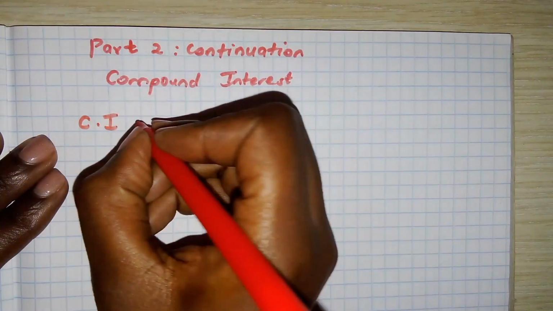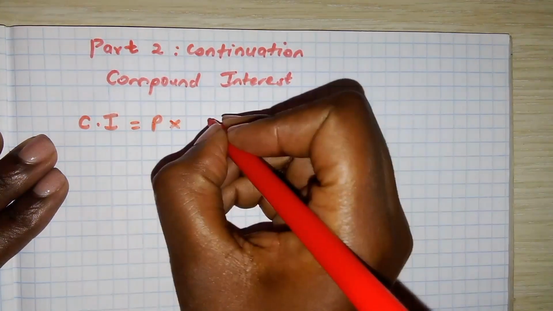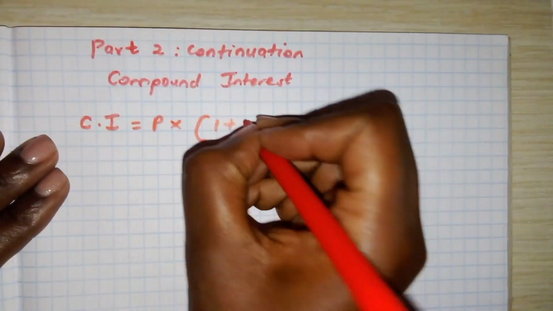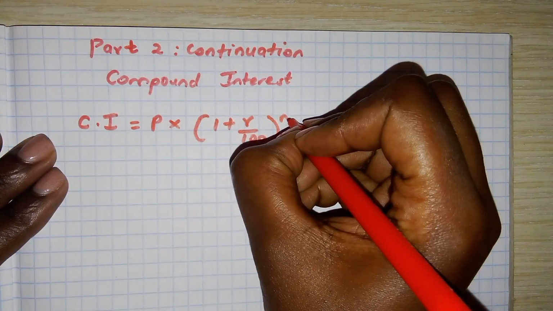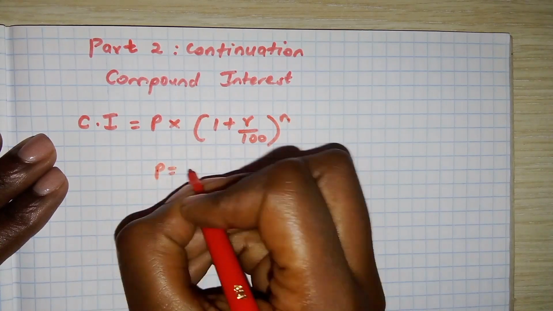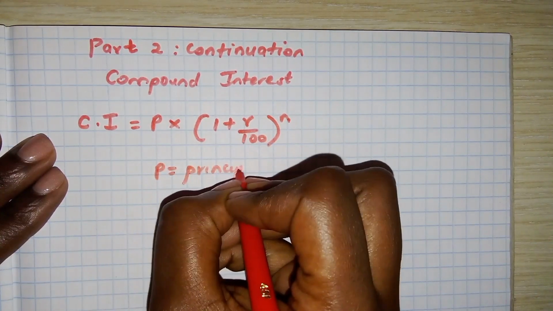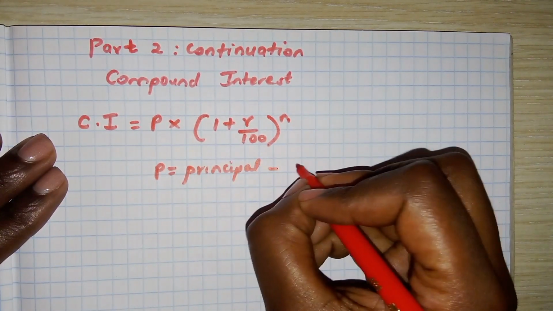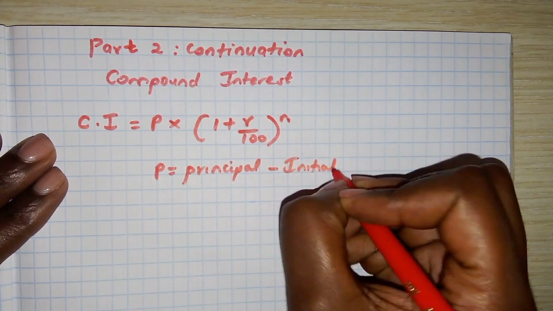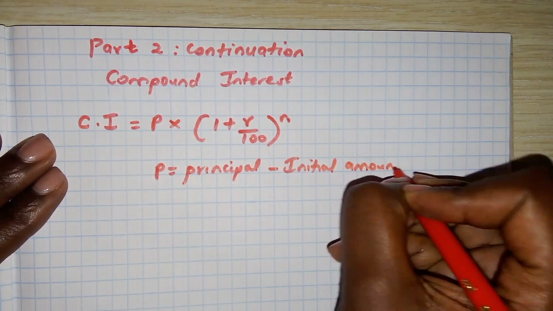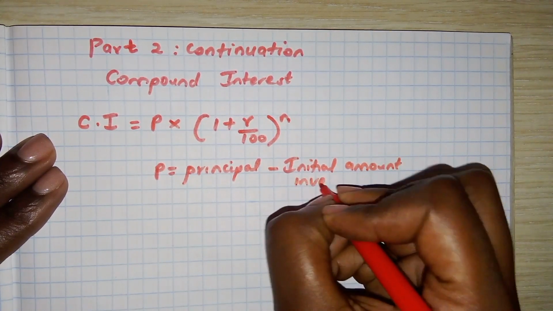Compound interest equals principal times (1 plus r over 100) to the power n. P is the principal, the initial amount invested or borrowed.